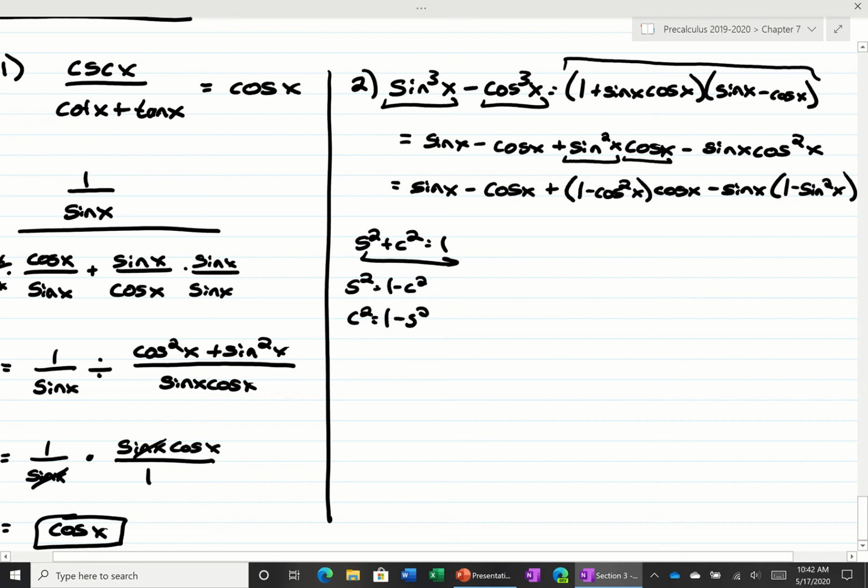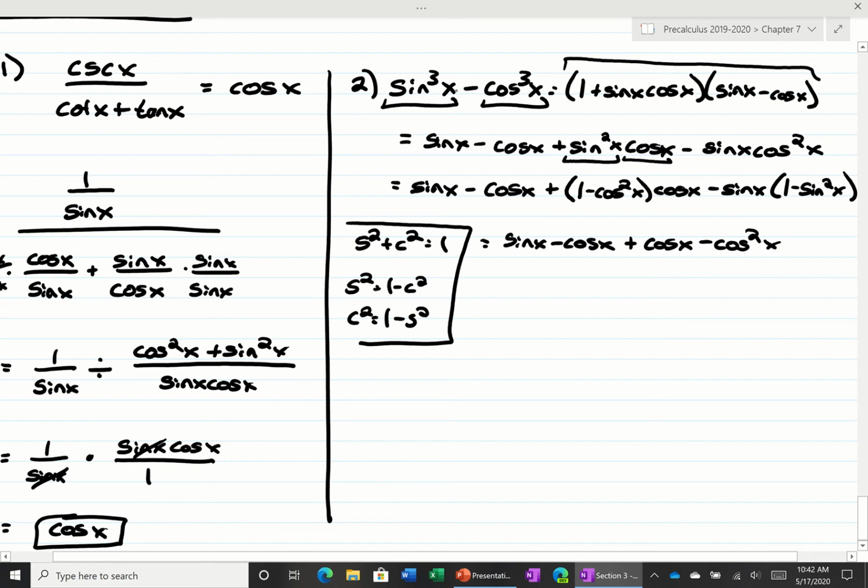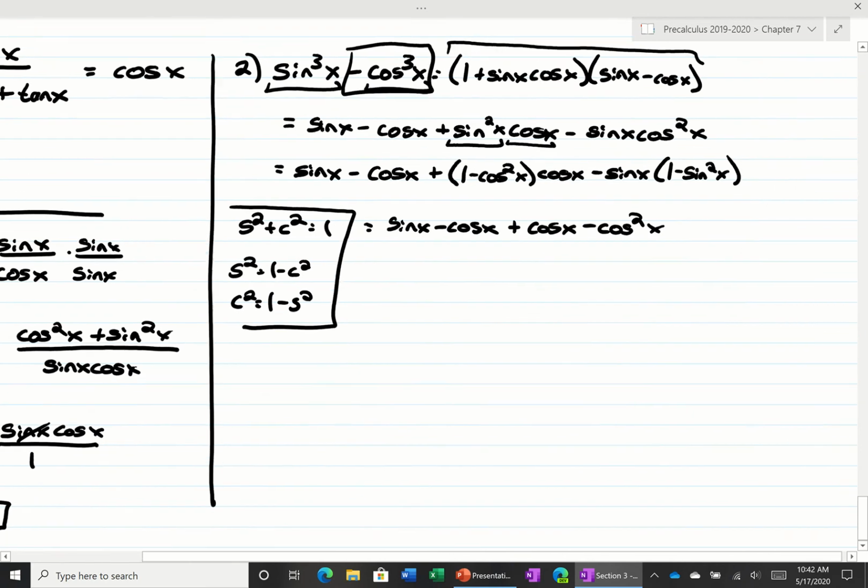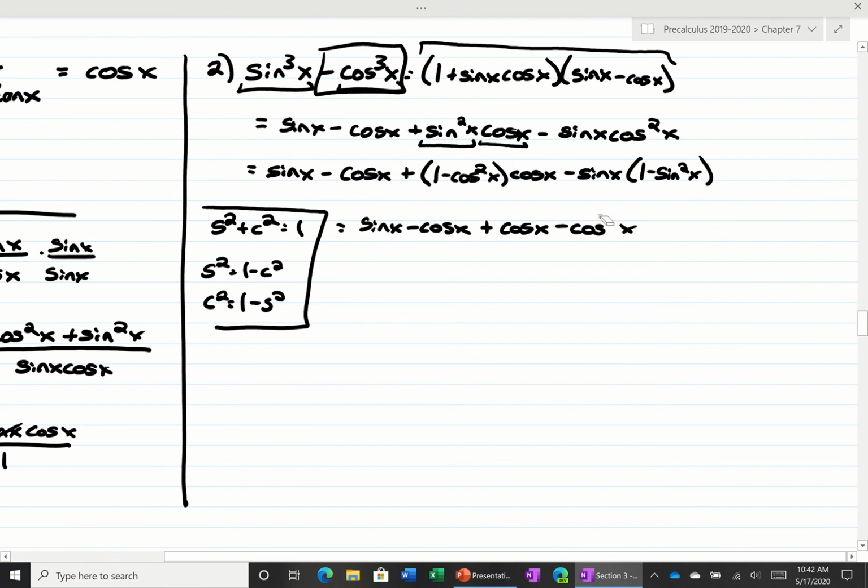Now let's multiply everything out and see what we get. We get sine of x minus cosine of x plus cosine of x minus cosine to the third of x. Well, that's nice because that's what this is. I think I said third and I wrote 2.